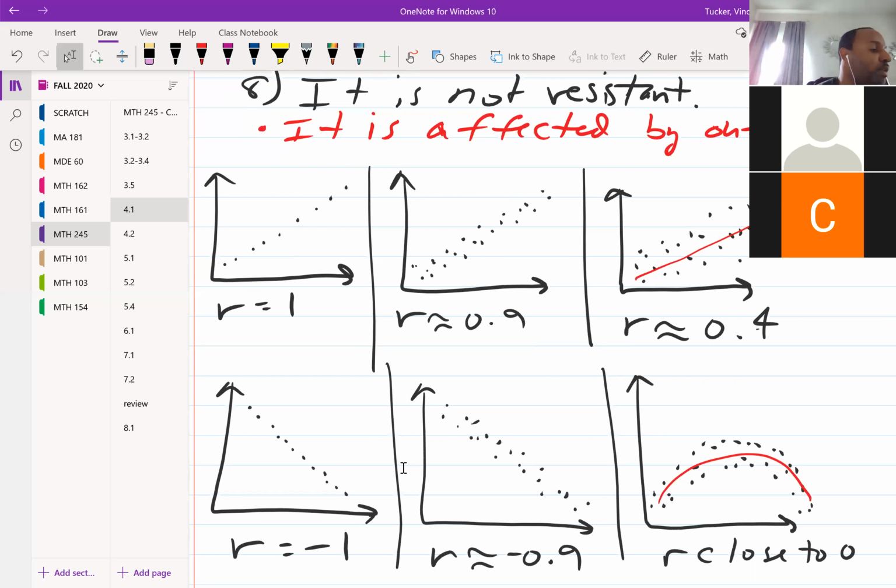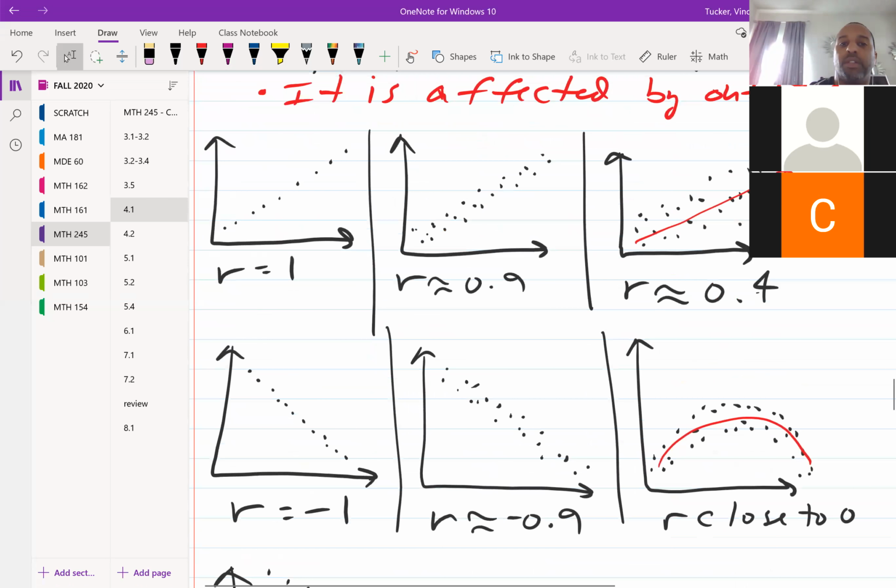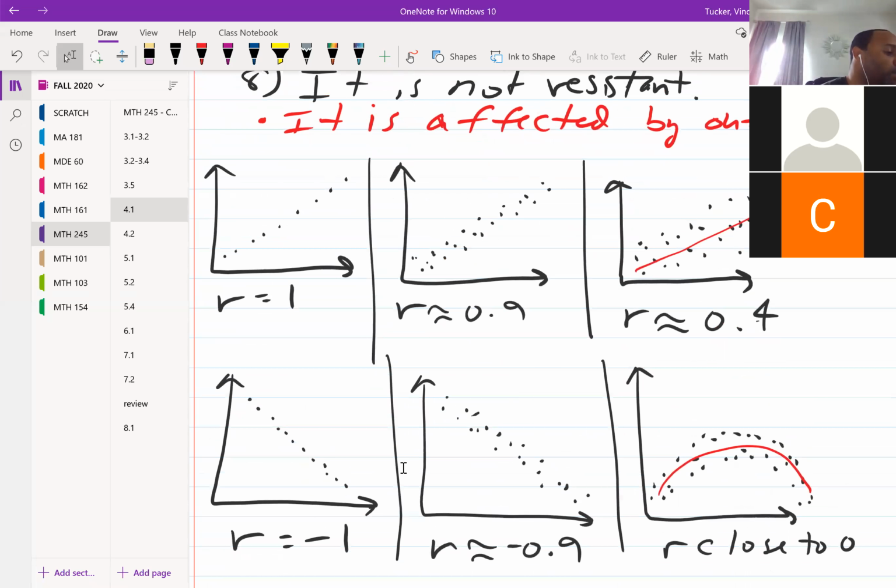Then that sixth diagram, you have that arc. In that case, R will be close to 0. And then the last one is doing the same thing. Another example of being close to 0.